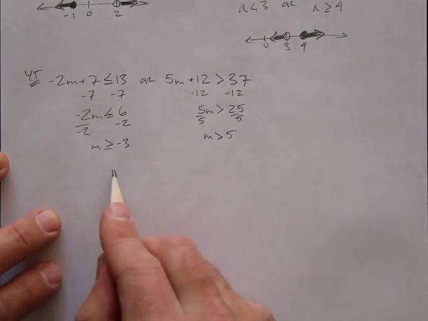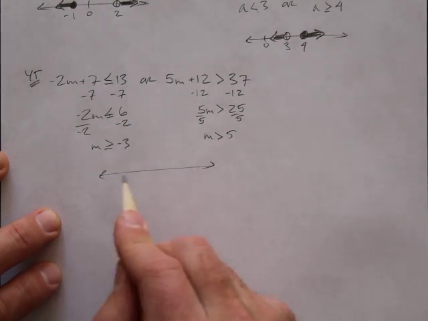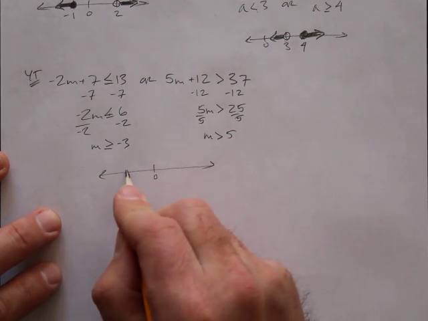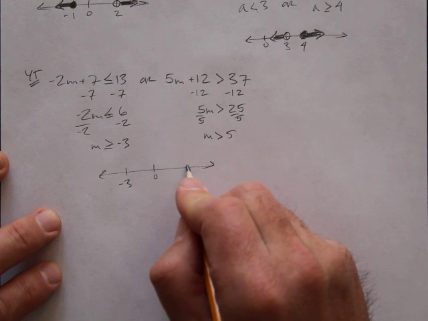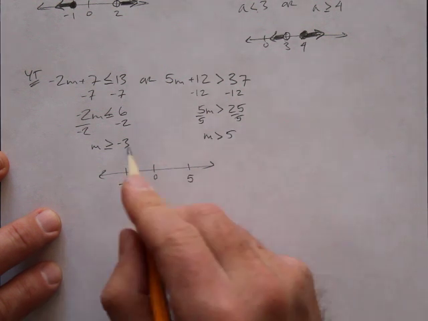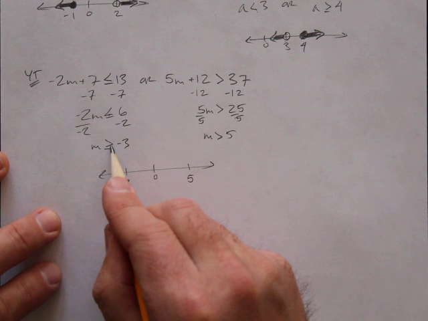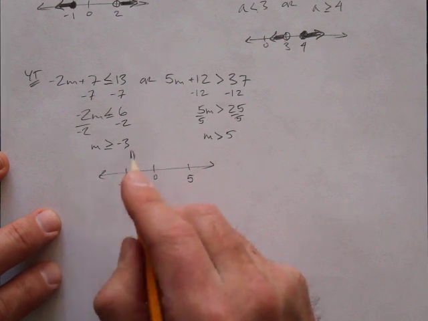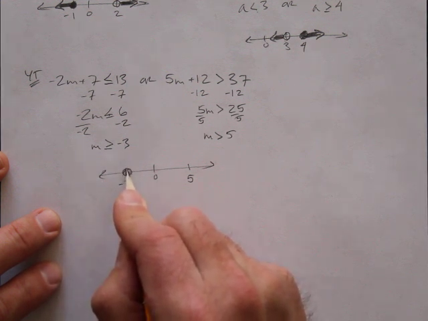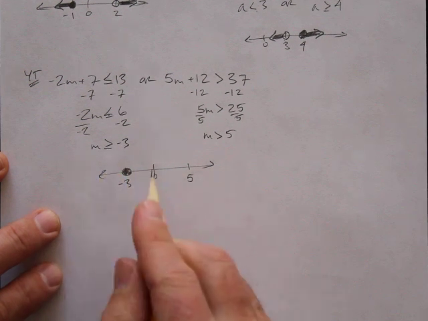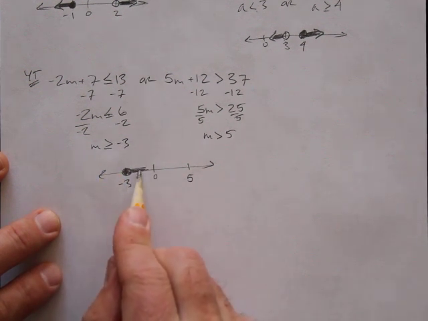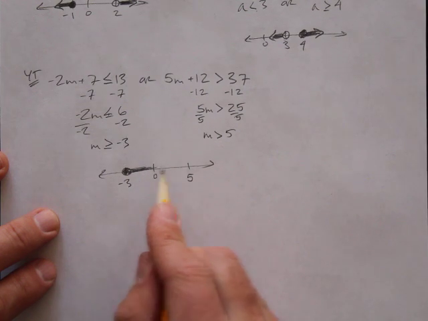Okay, let's graph these. I've got 0 here. I've got negative 3 here, and I've got positive 5 here. So negative 3 is included, and m is greater than or equal to negative 3. So I'm going to start this going.